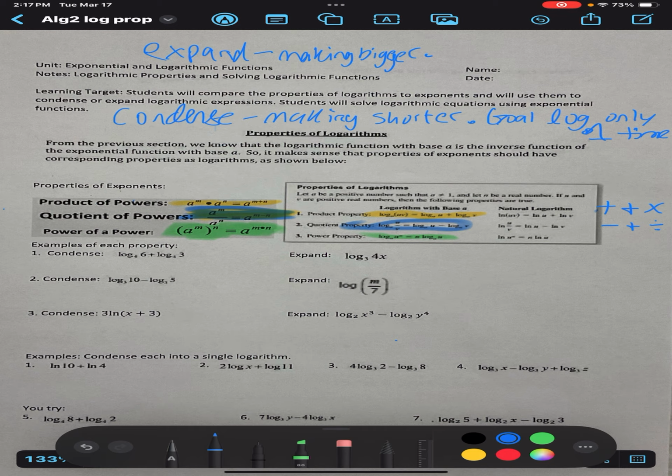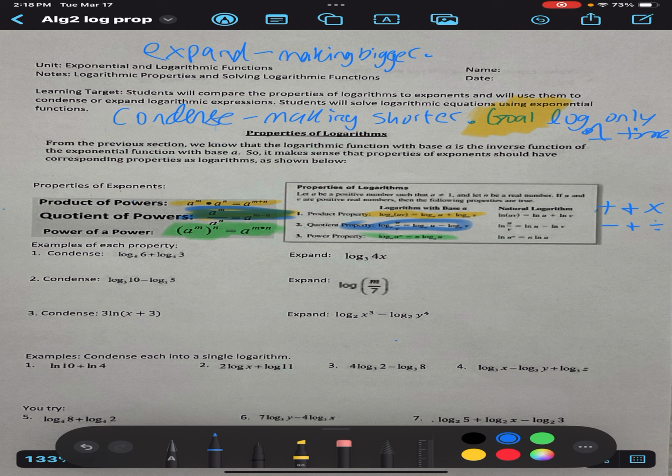For this first one, we're doing it hand-in-hand. It says condense log base 4 of 6 plus log base 4 of 3. Notice the bases of the logs match, and they will always match. There's never going to be a time where I'm trying to trick you. When I say condense, remember the end goal is to write the word log only once.